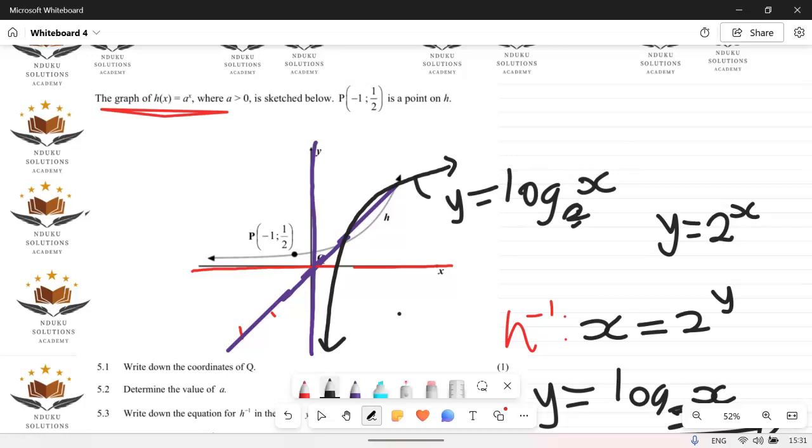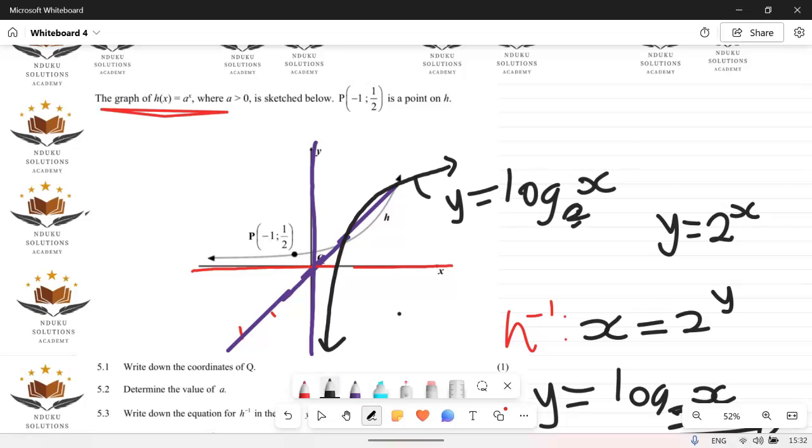So in actual sense, just for learners to see it easier, if my x-axis was my asymptote, it means that my y-axis will be my asymptote. And also look at the shape of the graph. You can see the graph is actually increasing. Even the graph will still remain increasing.